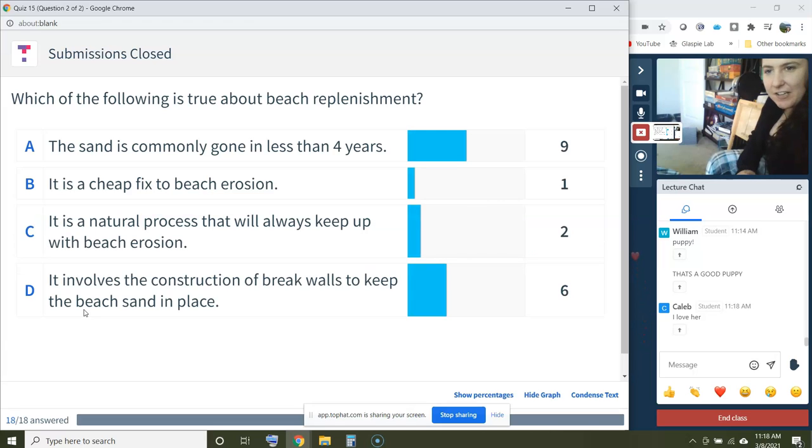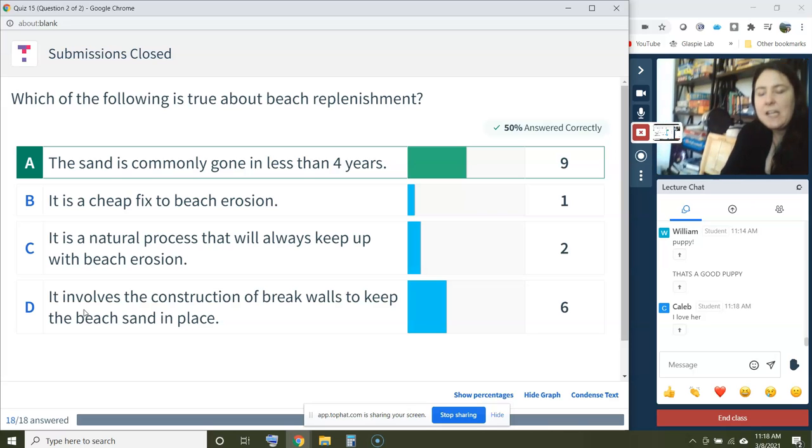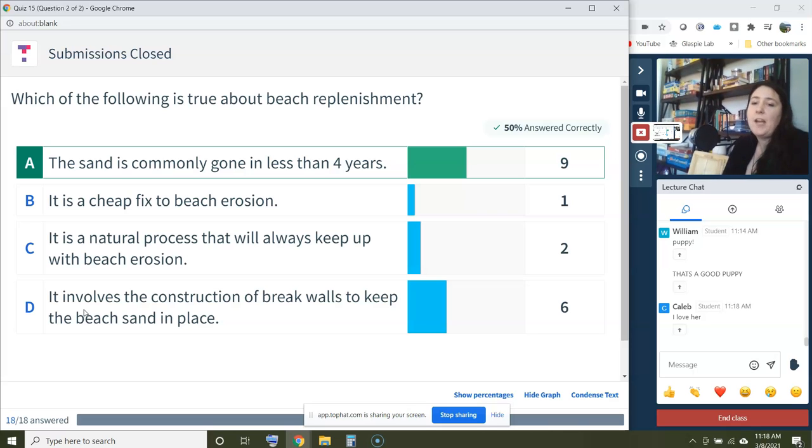Okay, so the answer here is actually A. The sand that is used to replenish the beach is commonly gone in less than 4 years. It's actually a really expensive fix. So it's an expensive process to do beach replenishment. So B is not correct. C, it's not a natural process. Beach replenishment is something that humans will do. And D, the construction of breakwalls actually causes additional erosion of beaches.